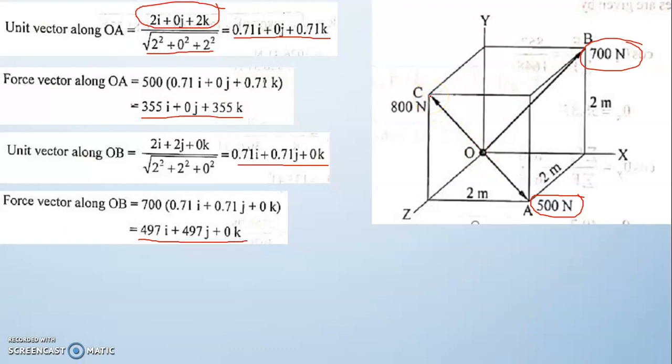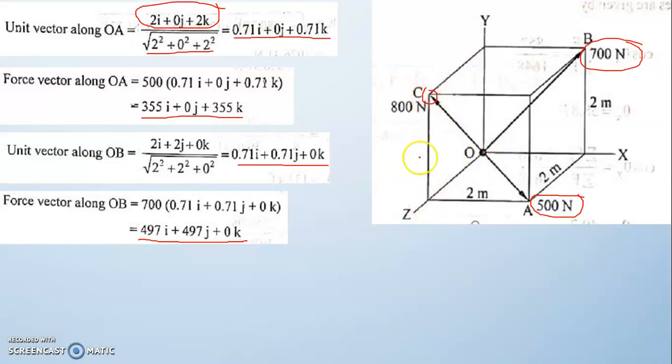With respect to the x-axis, the final position is 0 because point C is lying on the YZ plane, and point O is also at 0. So for the i component we write 0 minus 0, that is 0i. With respect to the y-axis, the final position is at 2 meter and the initial position is 0, so 2j.